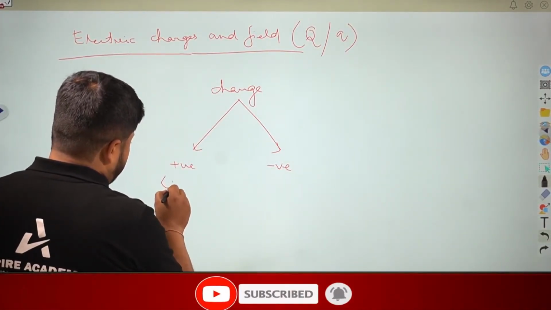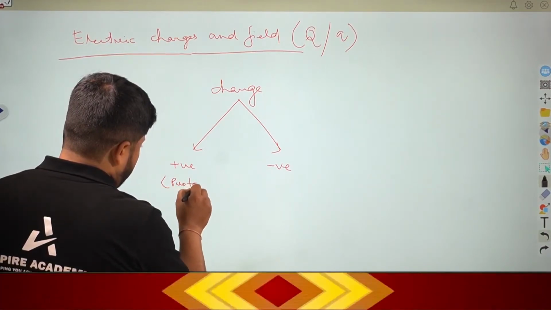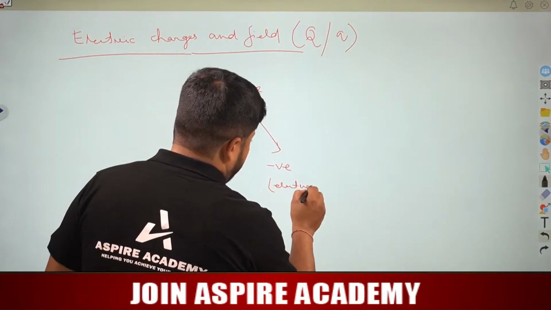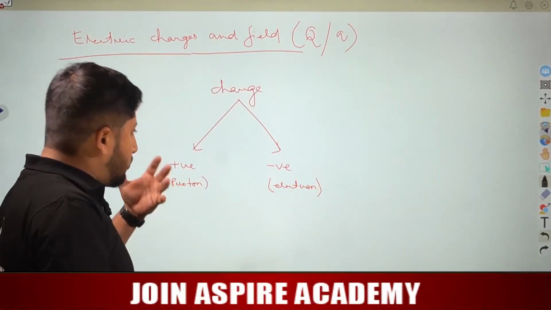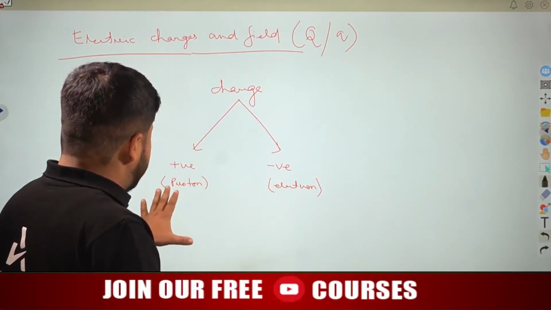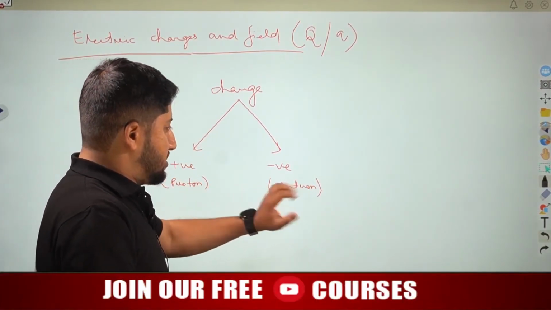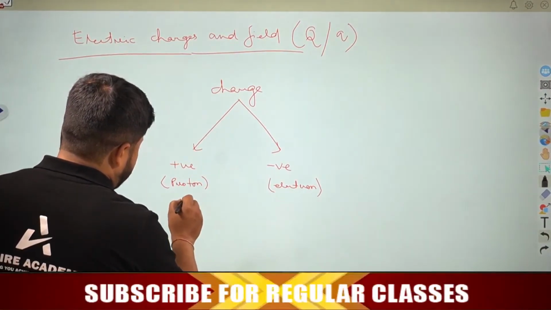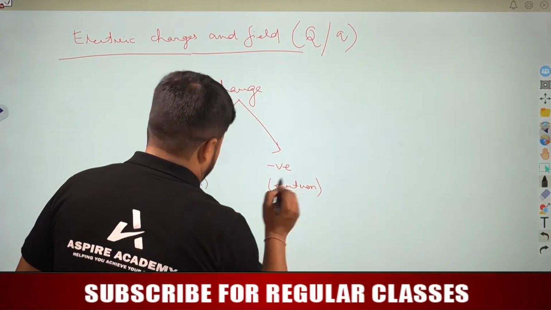Positive charge is called proton and negative charge is called electron, or positive charge can be written as e plus and negative charge as e minus.